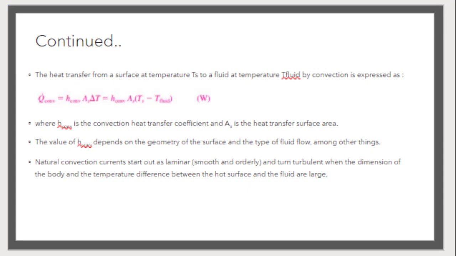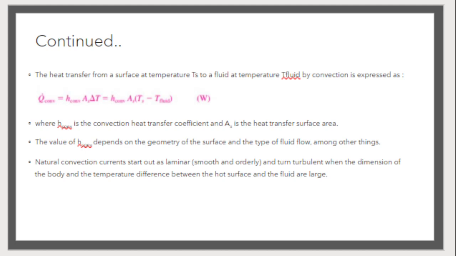The heat transfer from a surface at temperature Ts to a fluid at temperature T_fluid by convection is expressed as Q = h_convection A_s ΔT = h_convection A_s (Ts − T_fluid), where h_convection is the convection heat transfer coefficient and A_s is the heat transfer surface area.